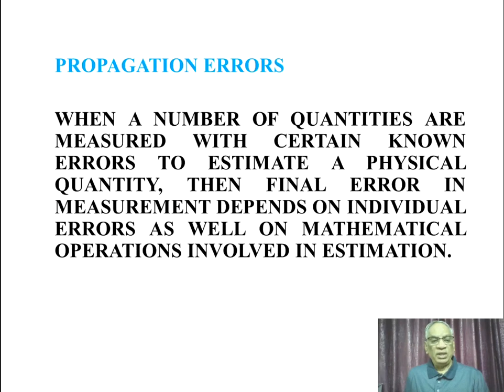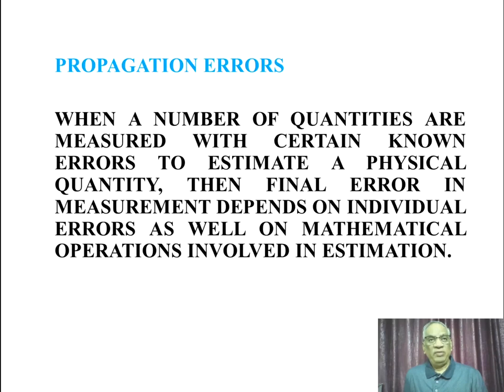Then propagation of errors: suppose you want to find some physical parameter which involves measurement of two or three other physical parameters. Each measurement has its own errors. So all the errors of individual measurements should be considered in arriving at the error associated with the final physical quantity, and the expressions you are using also.